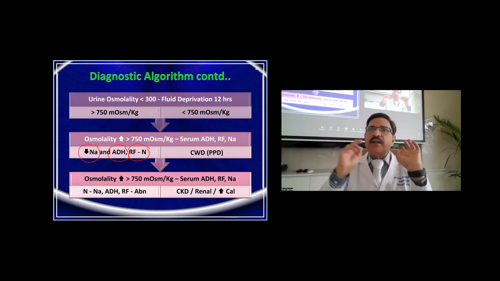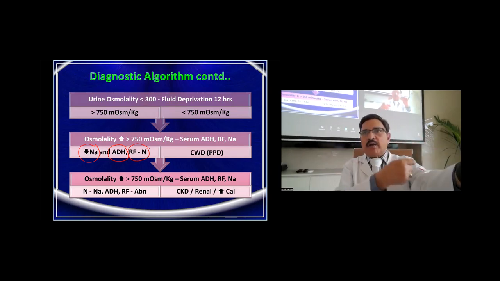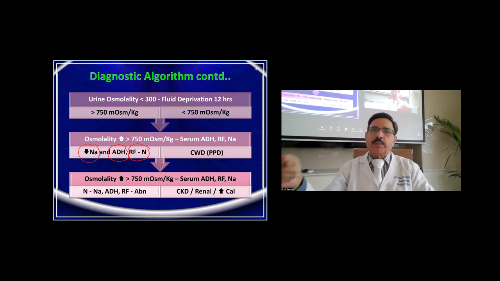So when I started the test, I drew the blood and looked at hyponatremia and low ADH, normal renal function, and the urine osmolality at the end has risen to more than 750. It means this patient is a case of compulsive water drinking.